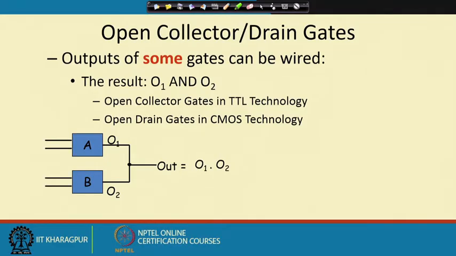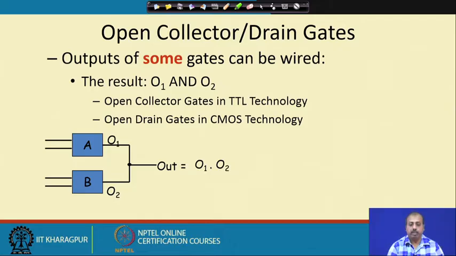They come under the broad heading called open collector or open drain gates. Outputs of some gates may be wired like this. If it is A and B, they are connected like this. Now, what is the logic that you get at this point? The functionality depends on the logic family that you are using.